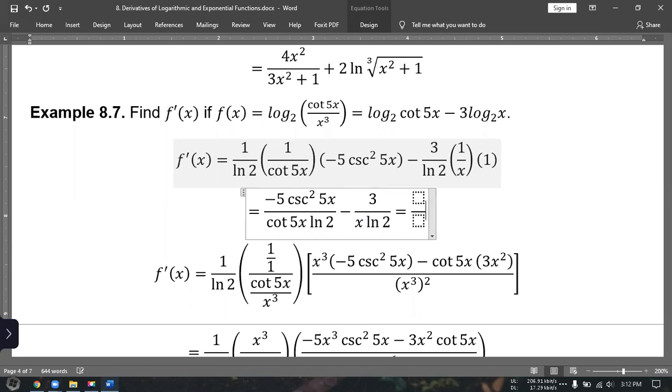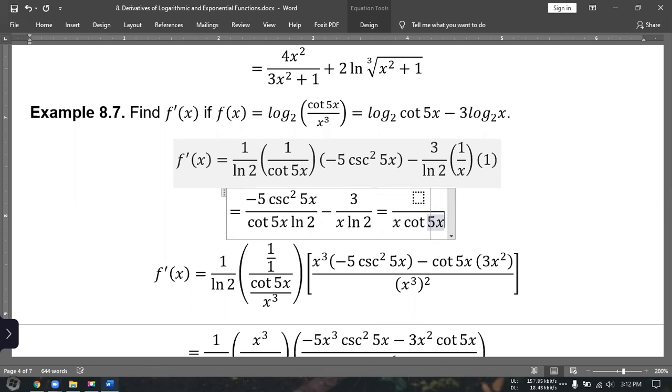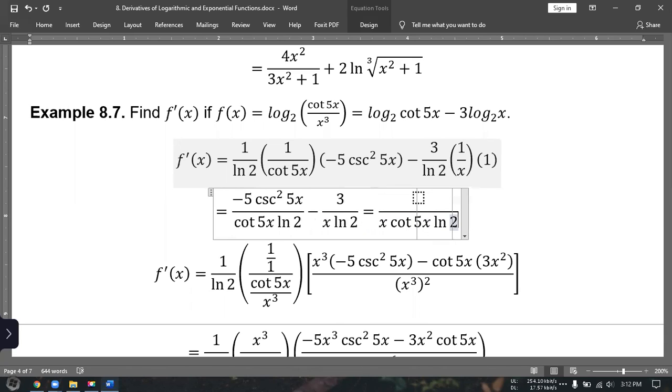And if we'll take our LCD as x tangent 5x natural logarithm of 2, this is the LCD. So LCD divided by the denominator, yung first term muna, no? LCD divided by this, we have x. X times our numerator, we have now negative 5x cosecant square 5x.